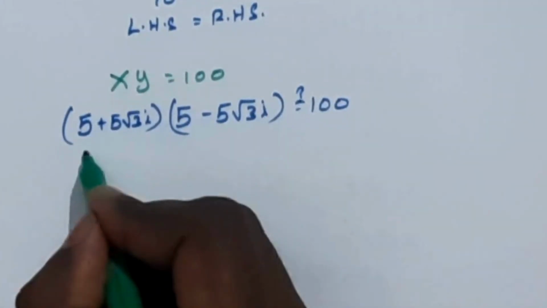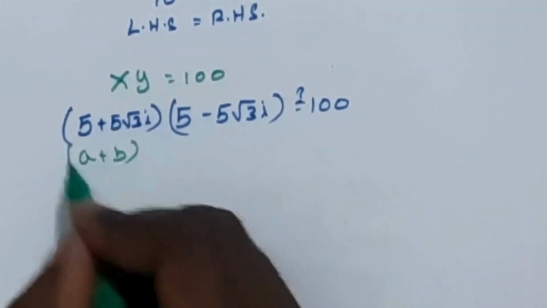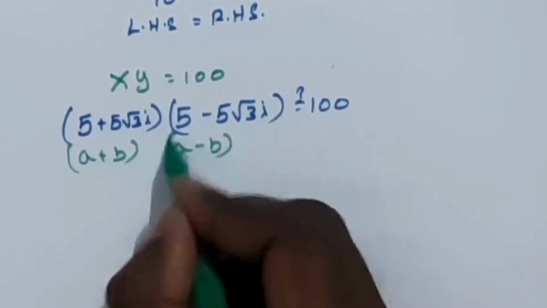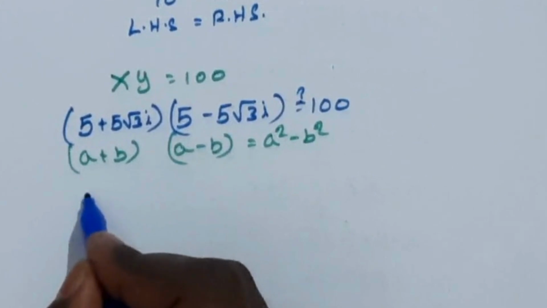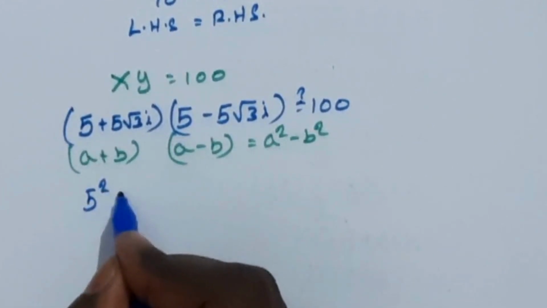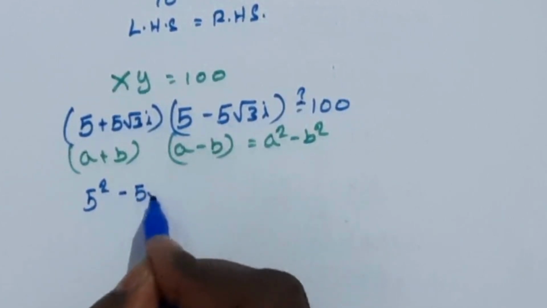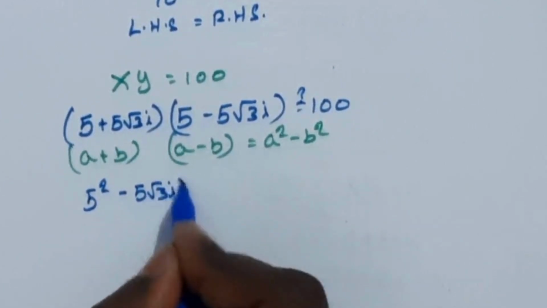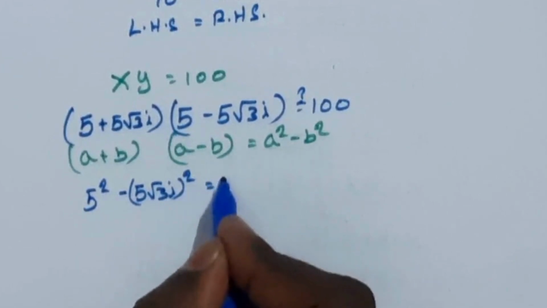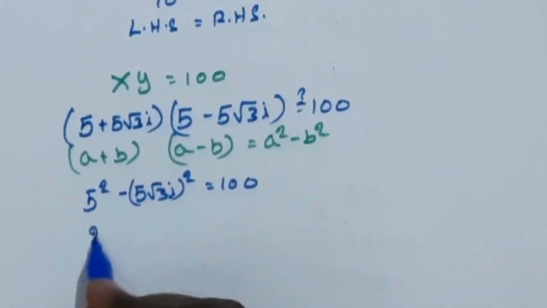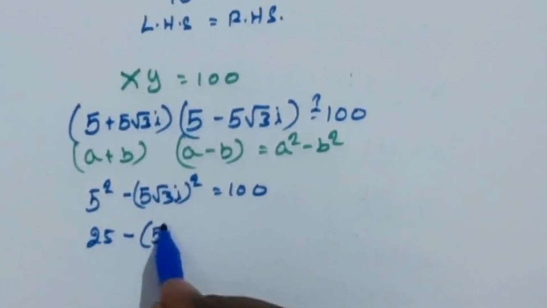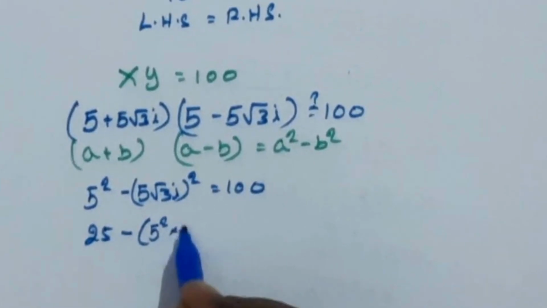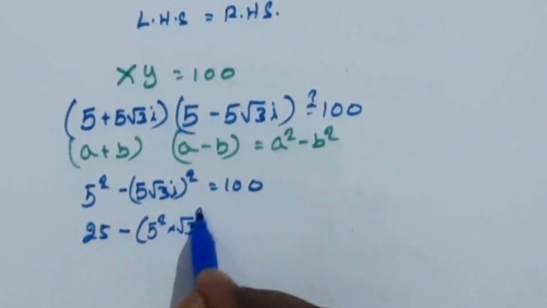We are going to use the formula (a plus b)(a minus b) equal to a square minus b square. 5 square minus (5 square root of 3i) square equal to 100. This is 25 minus 5 square times 3 square times i square.